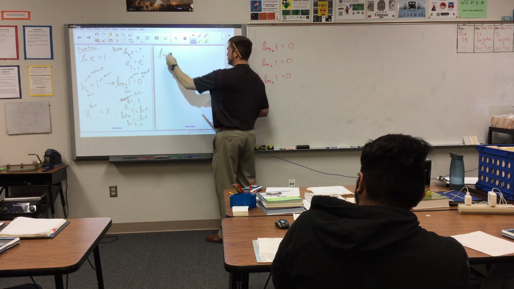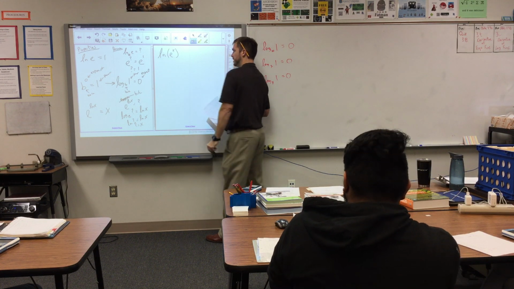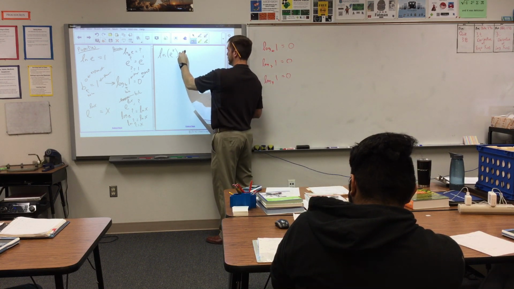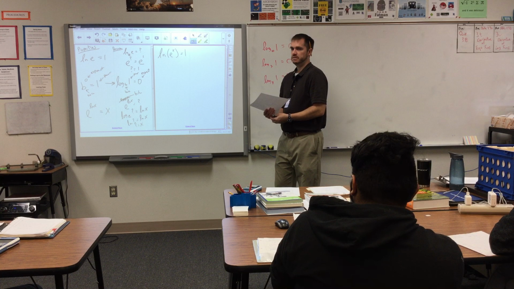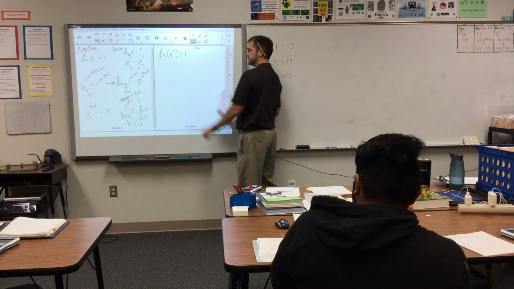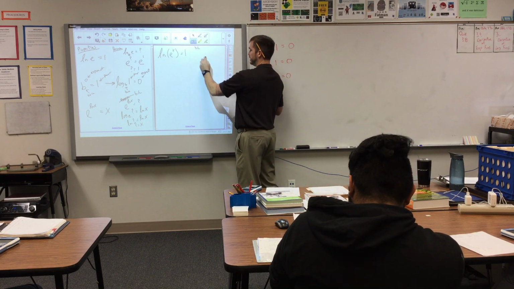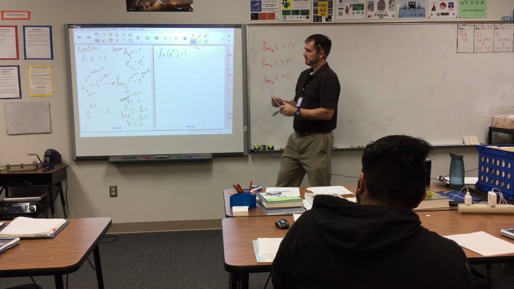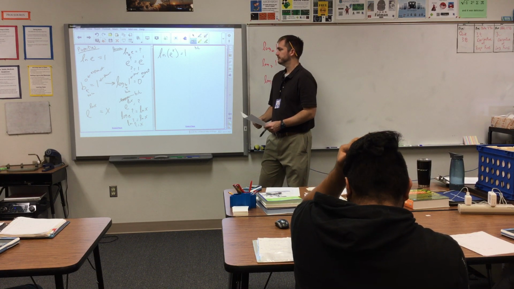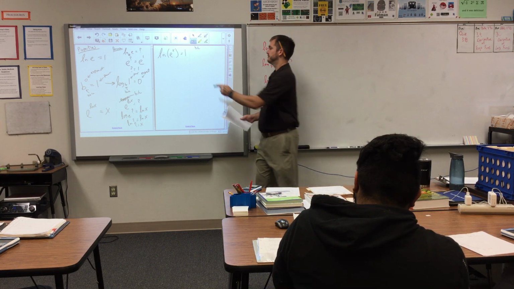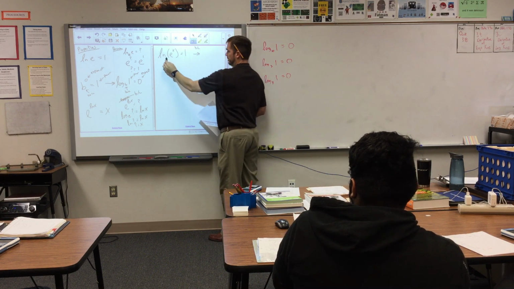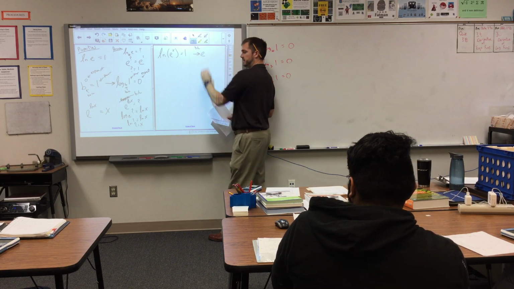More properties. Natural log of e to the x equals x, because that's what the same game is. Let's play the game. Can you convert that logarithmic equation into an exponential equation? I've got a base right here, a hidden base e.